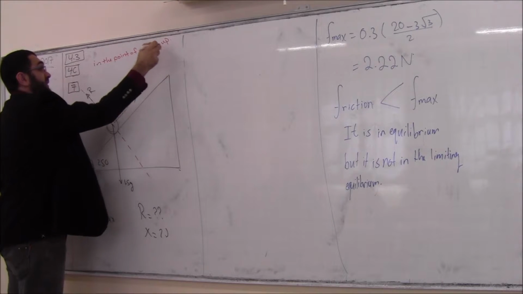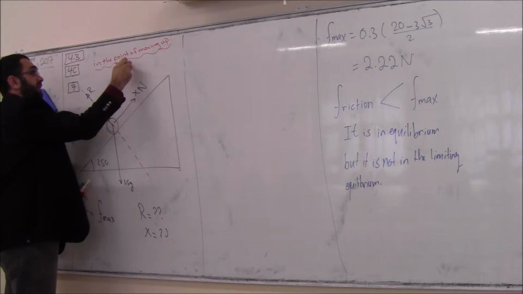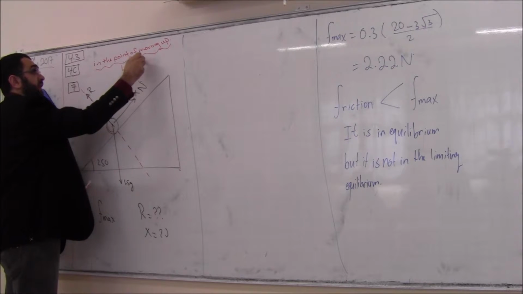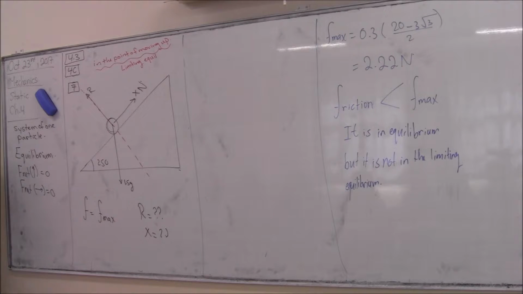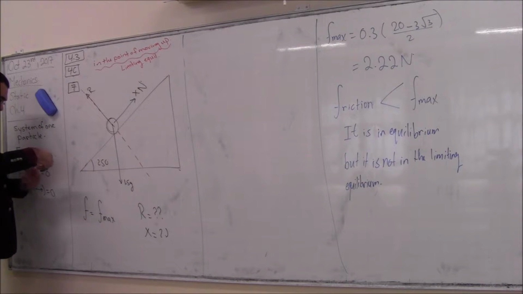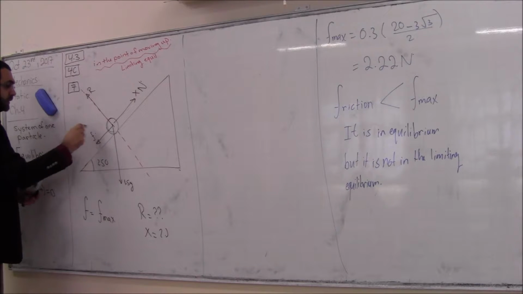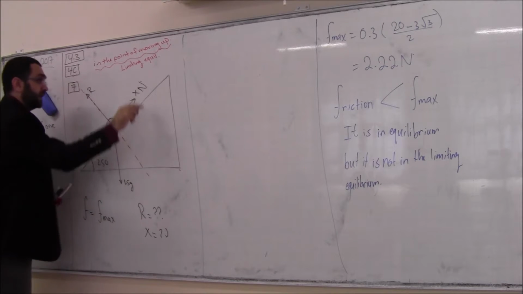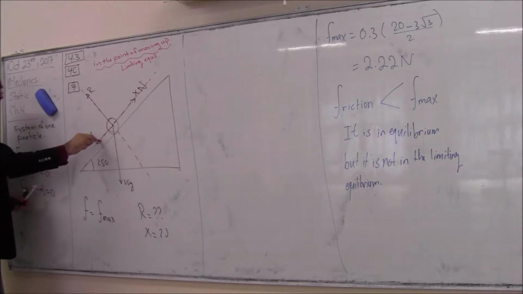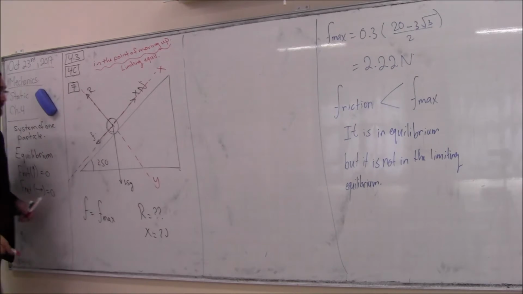Actually, this statement means limiting equilibrium. Moving up, so directly the friction is downwards, down the plane. This is the y-axis. This is the x-axis.